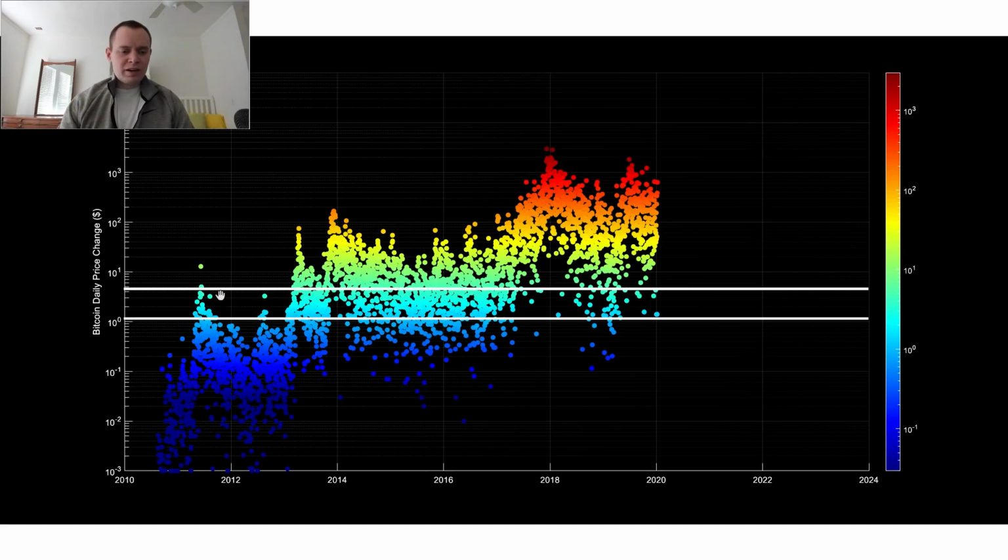Again, in the first market cycle, this was the peak in daily volatility. Then it became the average during the next market cycle, and then it became the low during the next market cycle.